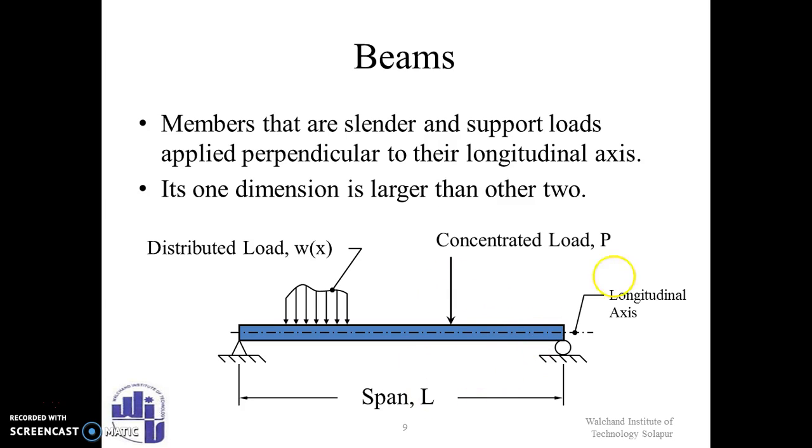And one axis they have mentioned here, that is nothing but your longitudinal axis. So one is roller support, another one is hinge support. So this beam is simply rested over these two supports.